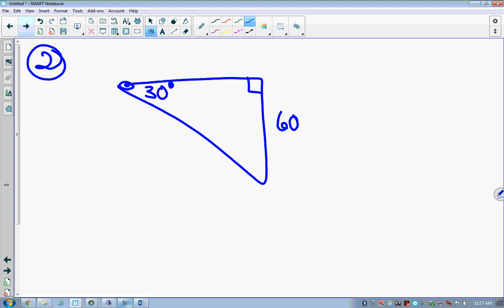Great, because that gives me a 30, 60, 90 triangle. What is the slant range from the airplane to the object? It wants the what? Does it want the hypotenuse or the other side? Slant range. Hypotenuse. All right, so if the side opposite of 30 is 60, what is the hypotenuse?